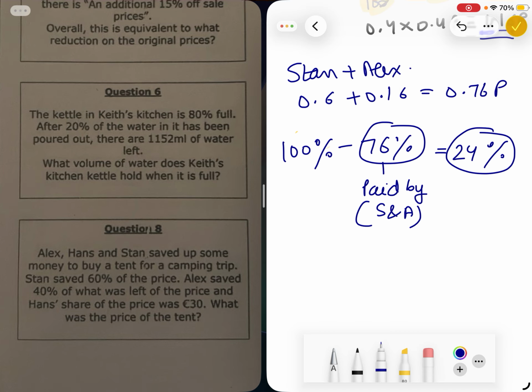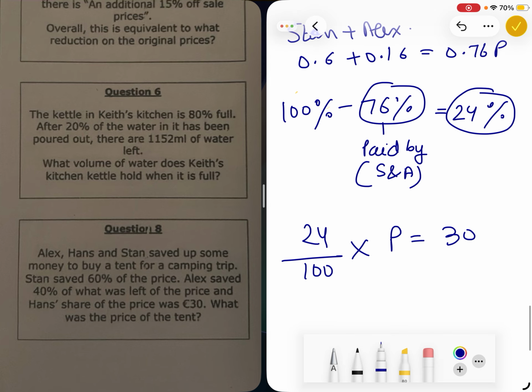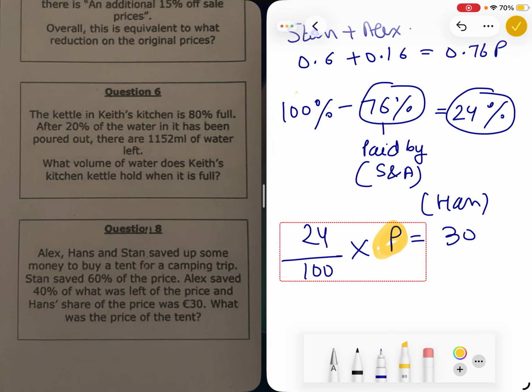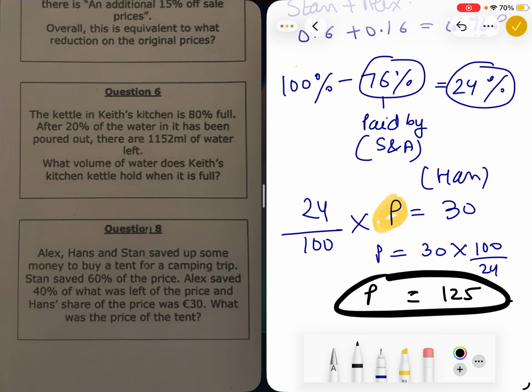Han's share in currency is given as 30. So 24% of P is 30. What Han has paid. We don't know the total, so this is P. So P equals 30 into 100 by 24, and the answer is 125 as the total price.